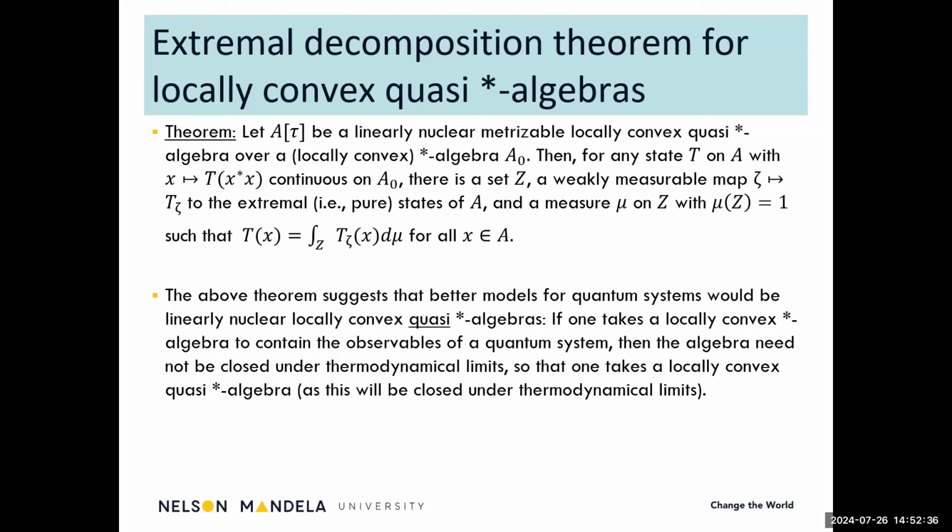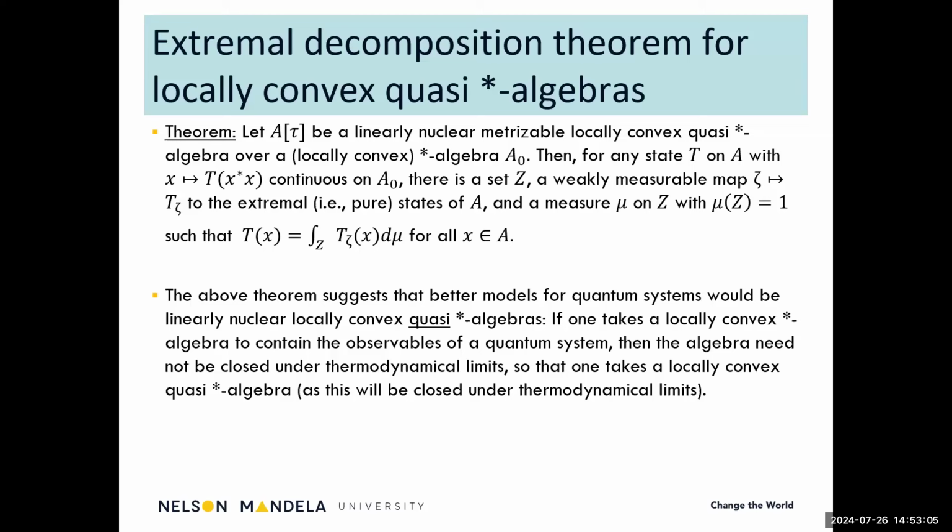But in an algebra, this gluing together process might not work. In other words, you do not necessarily have what are called the thermodynamic limits. So you need a quasi-star algebra to contain the dynamical limits, so that when you glue together the dynamics of the individual regions, which are easy to handle, you get the dynamics of the overall region. A quasi-star algebra is more suitable.